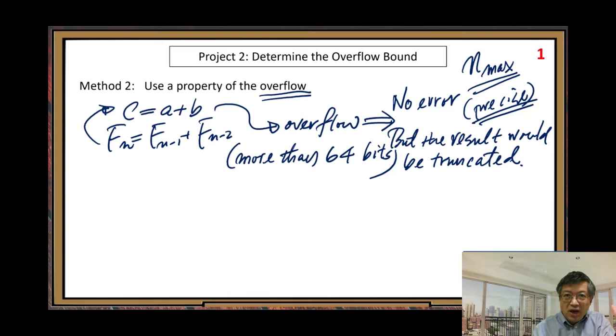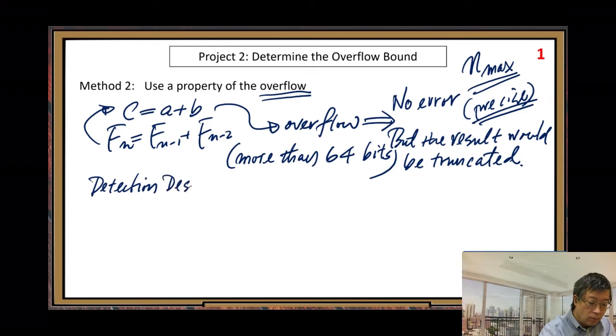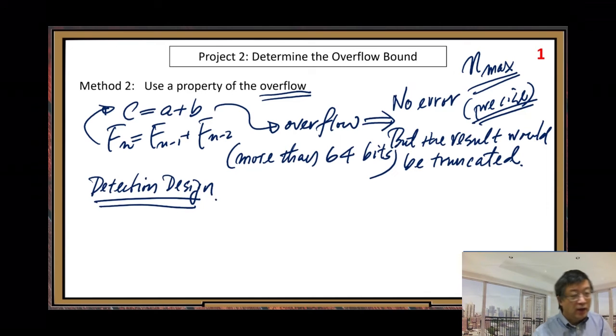But with this understanding, now we can design our overflow detection method. The method is very simple. You do the experiment, Fibonacci number iteration, calculate. You still write your program and do the calculation.